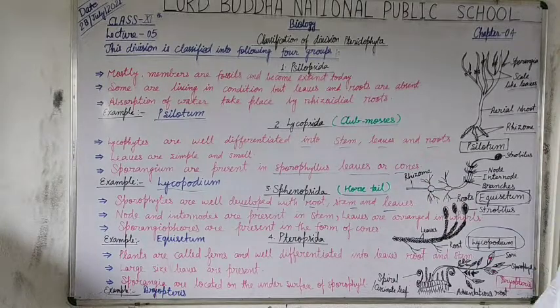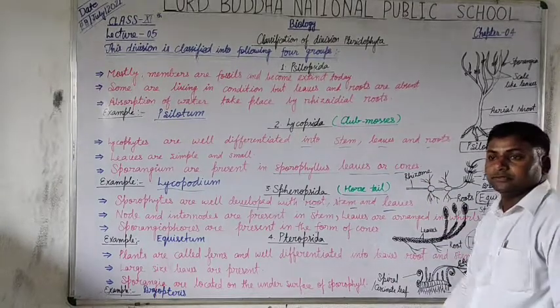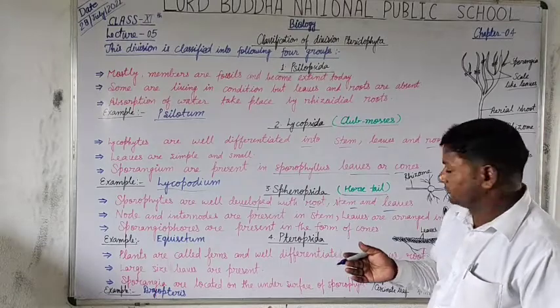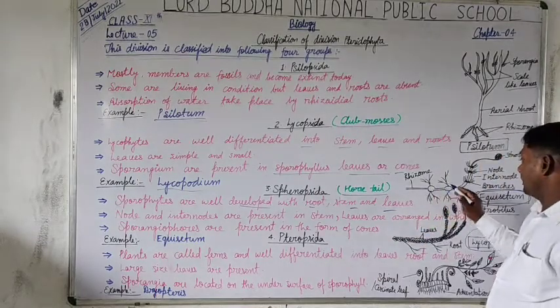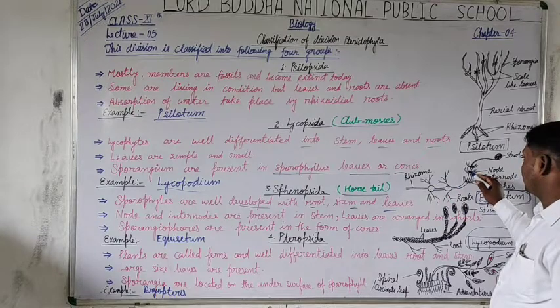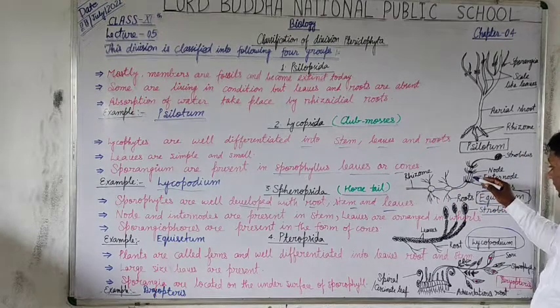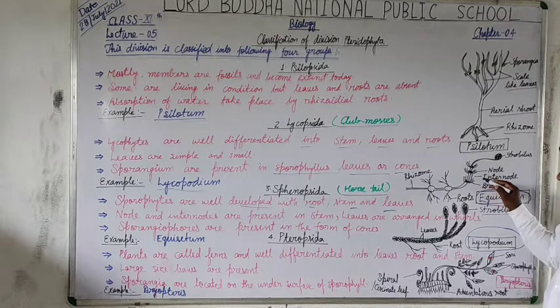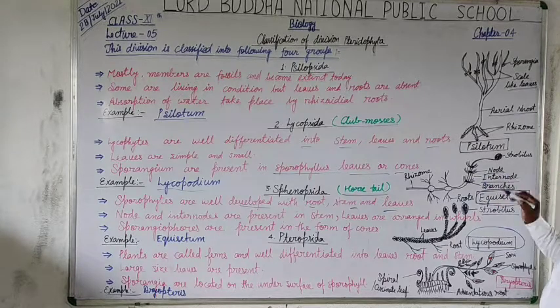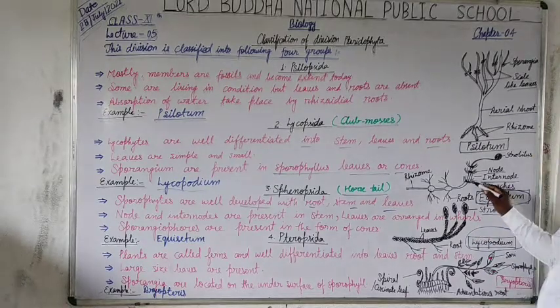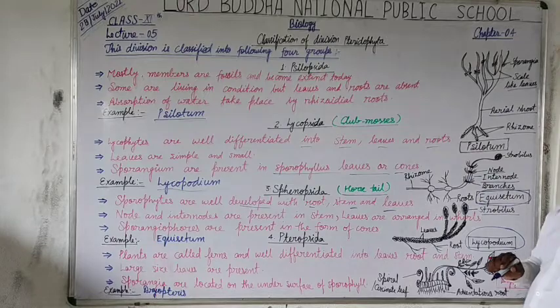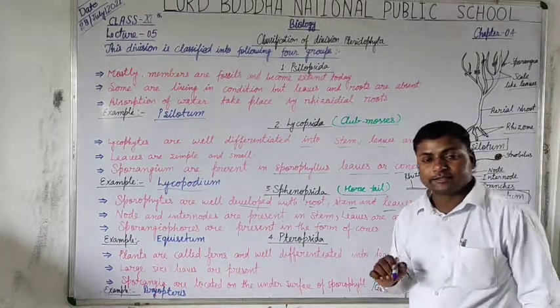Rhizomes are also present, that is the running type, terrestrial and running. And there is the presence of nodes and internodes. This is the node, and the space between two nodes is known as the internode. So nodes and internodes both are present in the stem regions, and these are the subsidiary branches which are sessile.